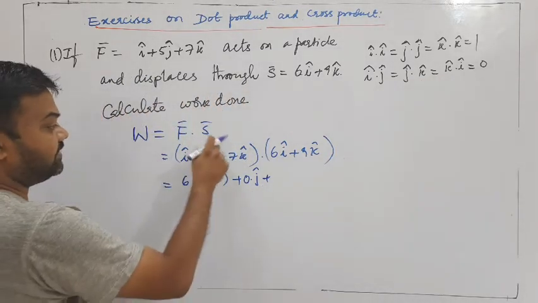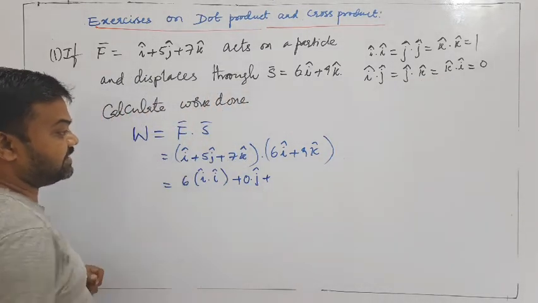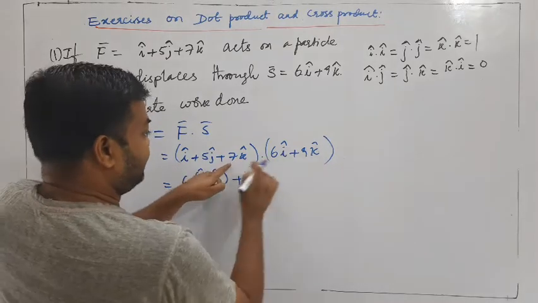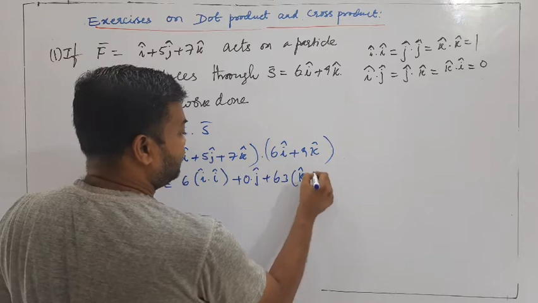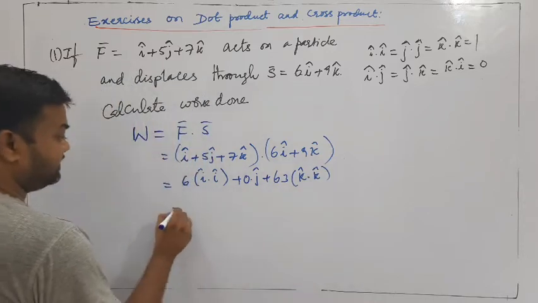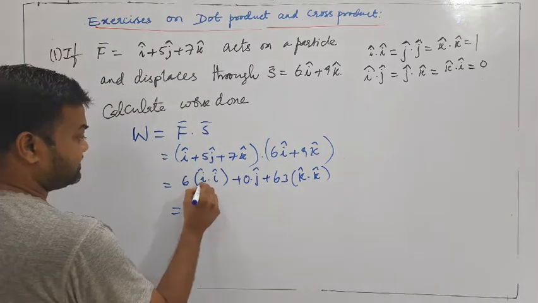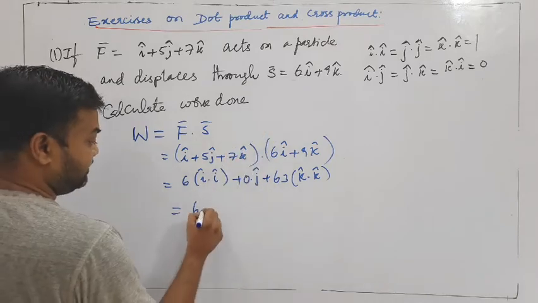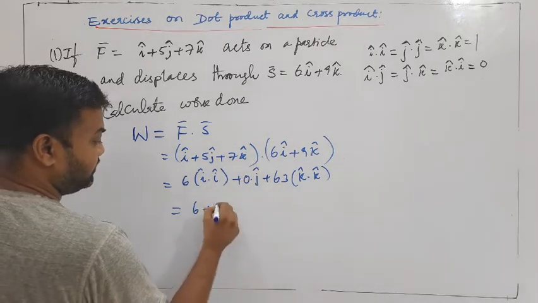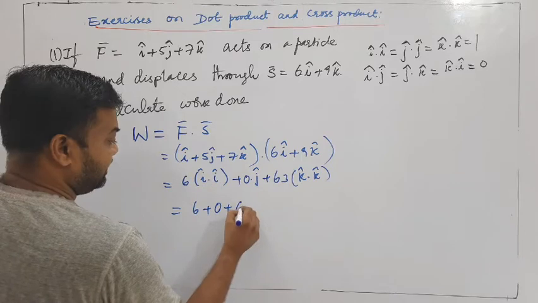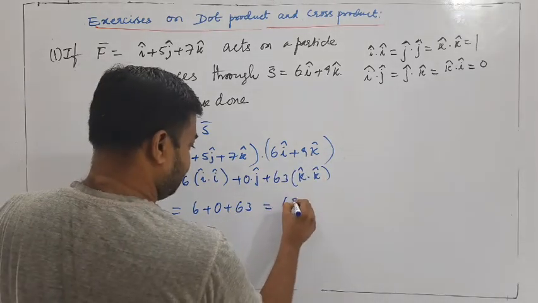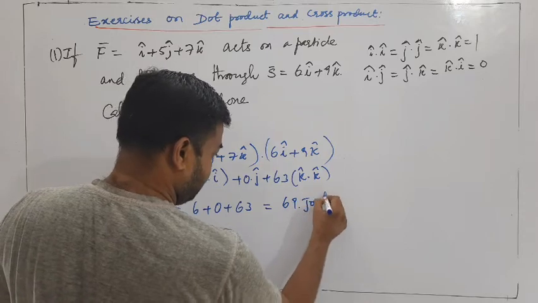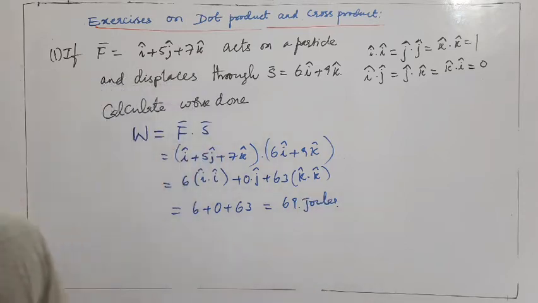That's why better to write the j term as 0 into j cap, plus 7 into 9, 7 nines are 63, k cap dot k cap. Finally, 6 i cap dot i cap is 1, plus this one is 0, plus 63 k cap dot k cap is 1. Finally, we have 69 joules. Like this we can find it.